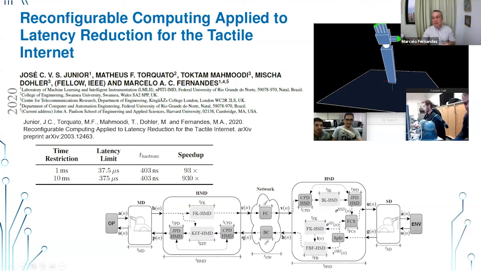The master device is in Brazil, and the slave device in the UK. You can make this work because we are using hardware accelerators. Now we are using machine learning too, inside the loop.